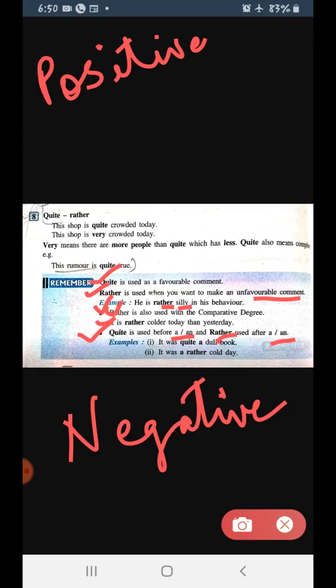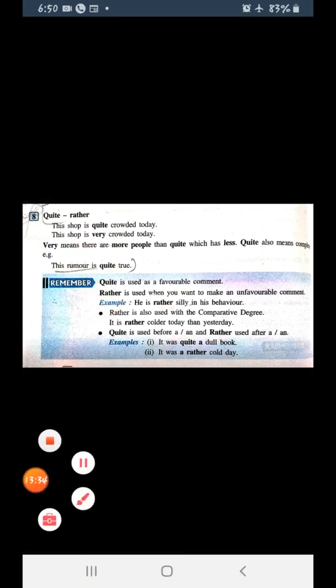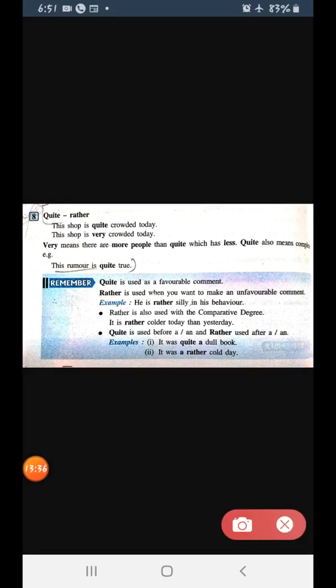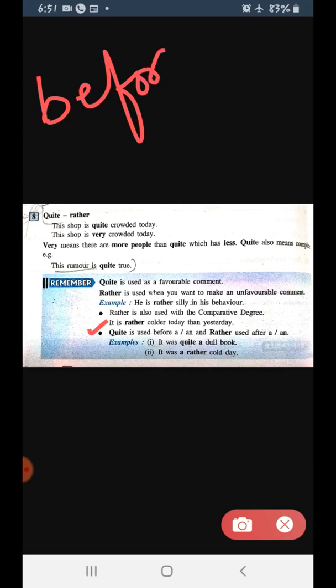Are you getting me? Okay, let me show you once again. Now see, quite is used before a or an.